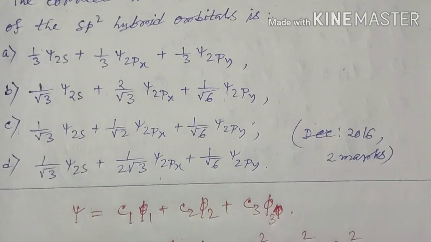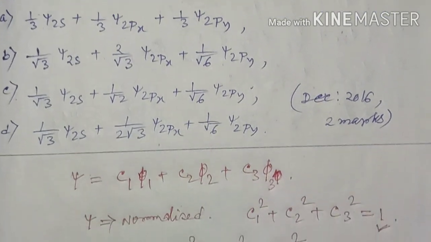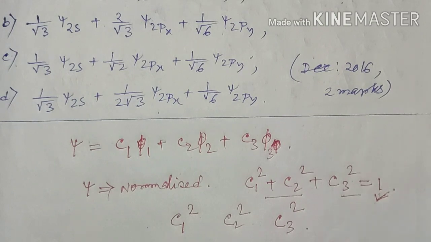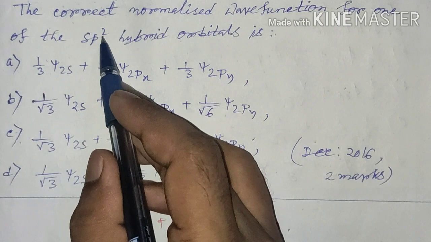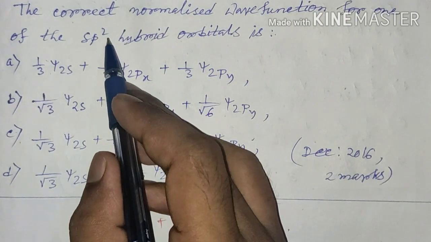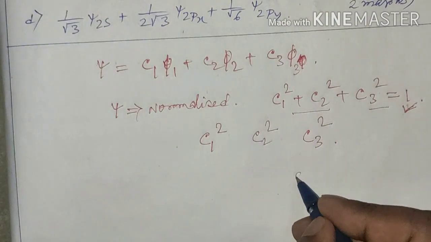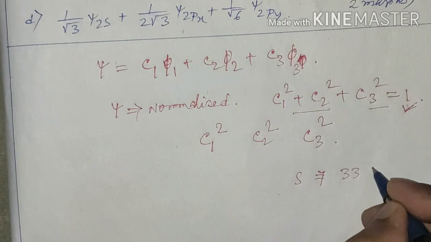Now to find a normalized wave function, you first have to satisfy this condition, and next, if you are asked to identify the sp2 hybrid orbital, the contribution of s in the total wave function will be 33%.